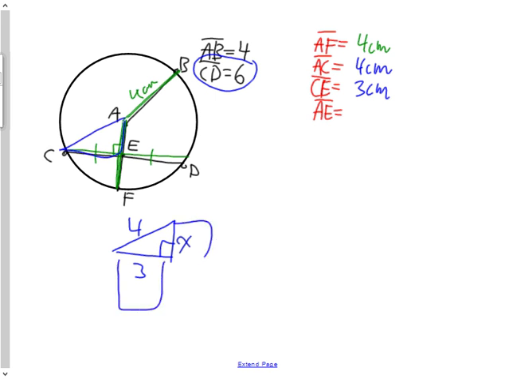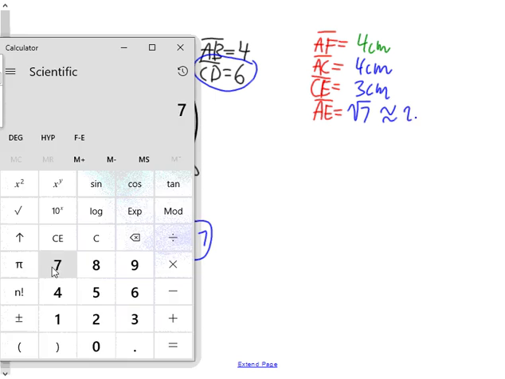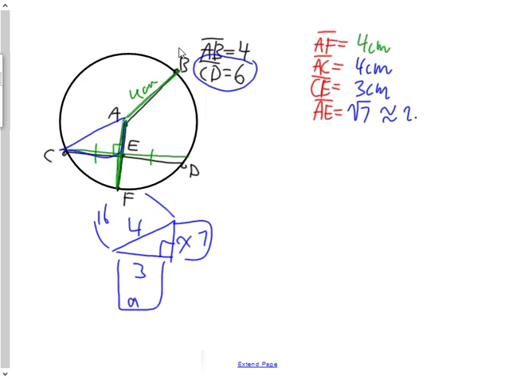Solve with Pythagoras. 16, 9, and 9 plus 7 is 16. So the area of the square attached to that leg AE is 7. Therefore, the distance of AE would be the square root of 7, or approximately 2.6-ish. Okay. And that's the distance for AE.